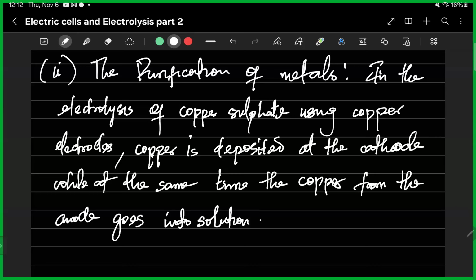So the purification of metals has to do with electrolysis. We are talking specifically about the purification of metals like copper.